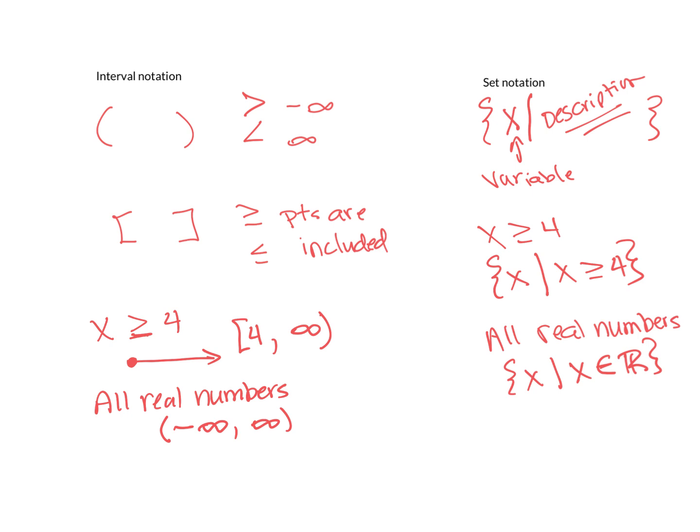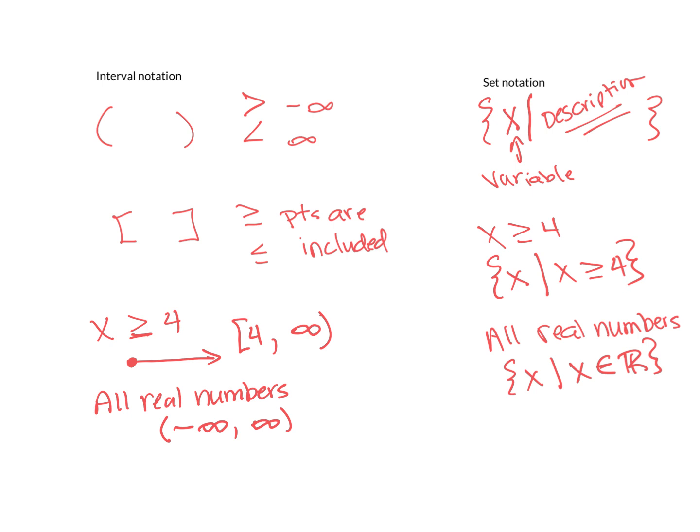We would read this as the set of all x values such that x is real. This one right here, I would say the set of x such that x is greater than or equal to 4.